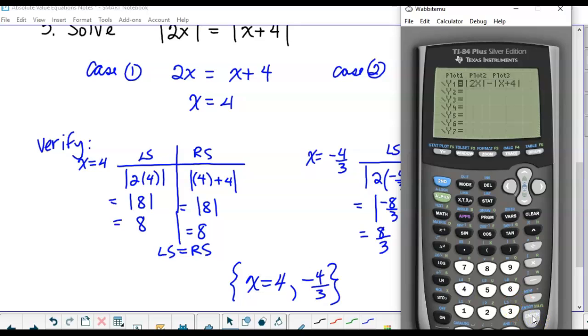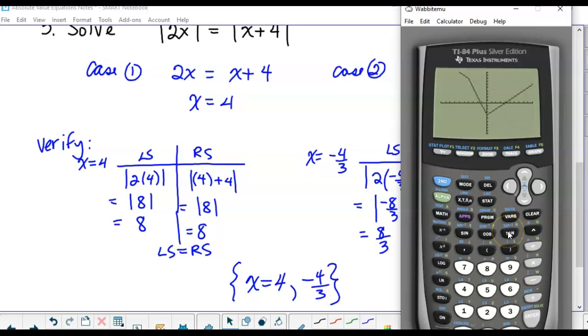And that means you're looking for the x-intercepts. And these x values are between negative 10 and positive 10. So use a standard screen. And then you'll see that it crosses twice.